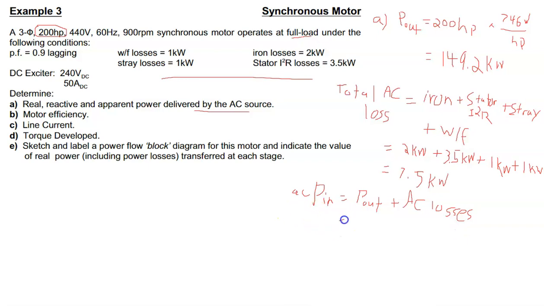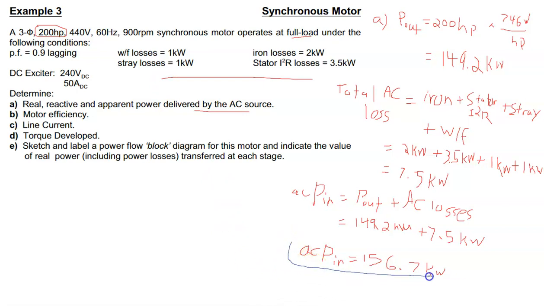And so our 149.2 kilowatts plus the 7.5 kilowatts of losses, and the power that comes from the AC source, the real power, is 156.7 kilowatts.